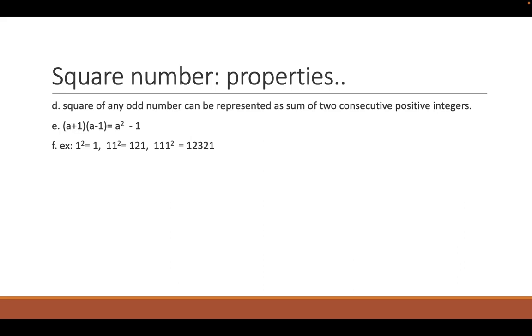If you see, in 11 square there is 1 2 1, and in 111 square the middle number is 3, and either side there is 2 1 2 1. Those are interesting patterns, just for your understanding.